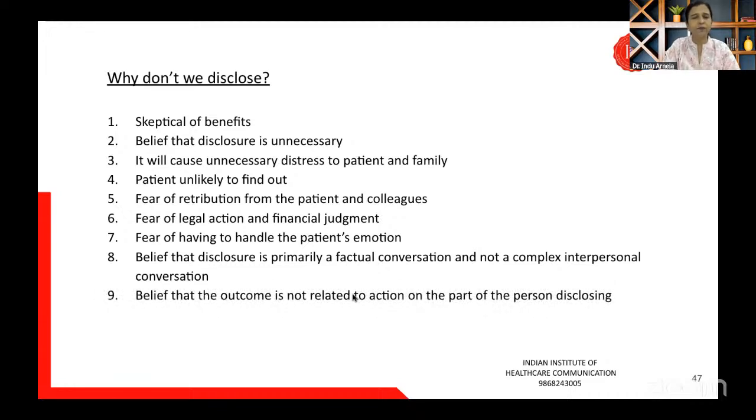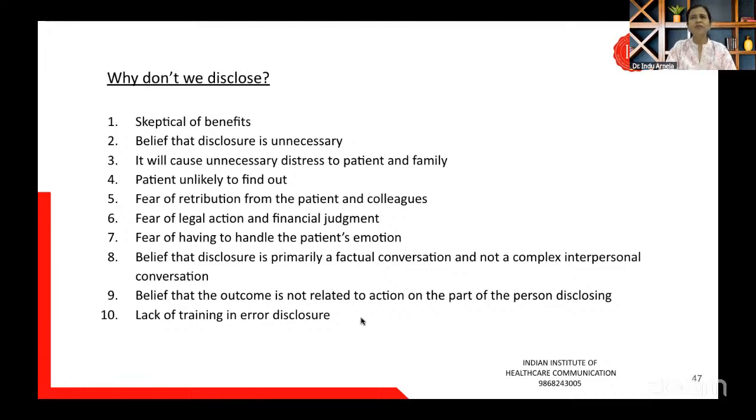Sometimes people think that the outcome is not related to their own action, so there is no need to disclose it to the patient or family. And of course, we all know there's a lack of training in error disclosure, so people are not comfortable doing this with the patient or their family.